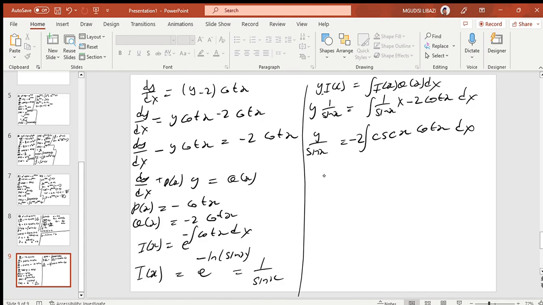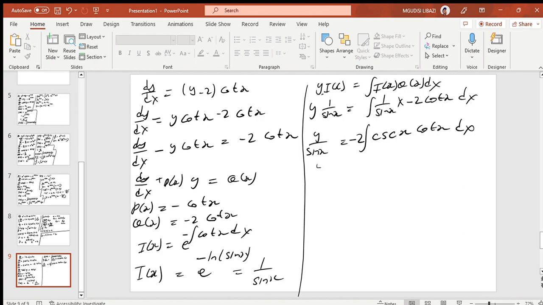So remember that the derivative d over dx of cosecant of x is negative cosecant x cotangent x. So that means the integral of negative cosecant x cotangent x will be cosecant of x.